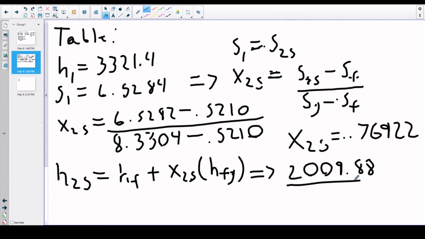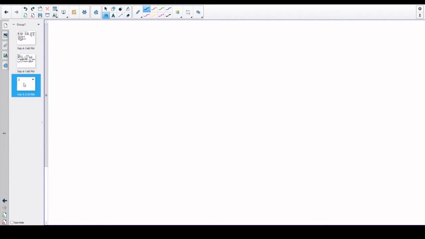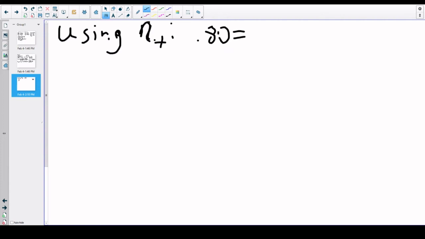Now we move on to solving for H3. Well, no, H2 using the efficiency. I got ahead of myself. The efficiency of the turbine. Since we know the efficiency of the turbine, and we know the equation for the efficiency, we can solve for the unknown value, which in this situation is H2. And we have everything in that equation except for H2.